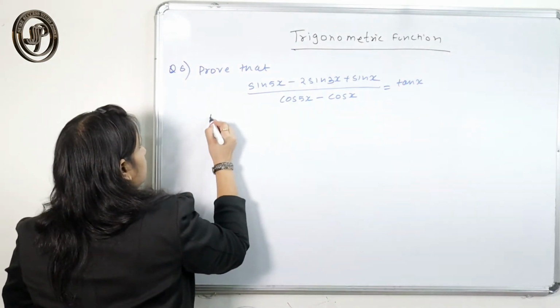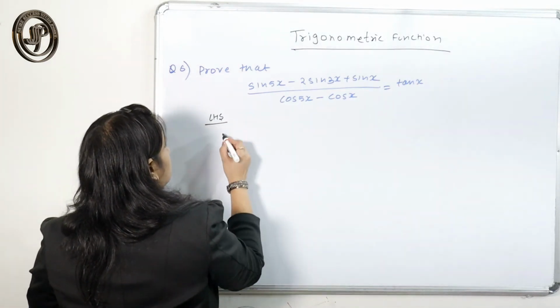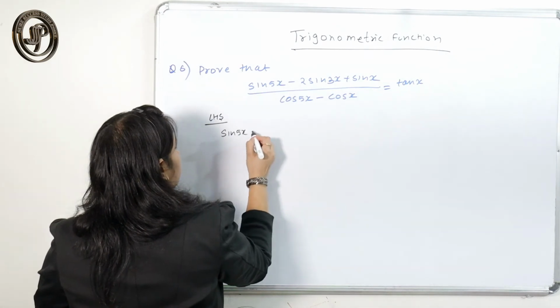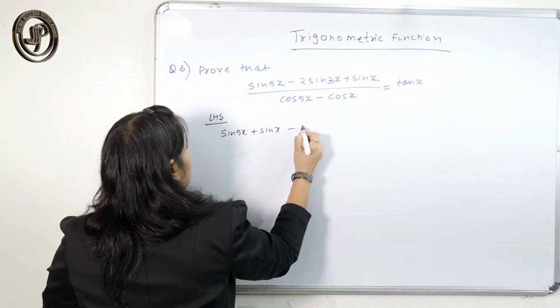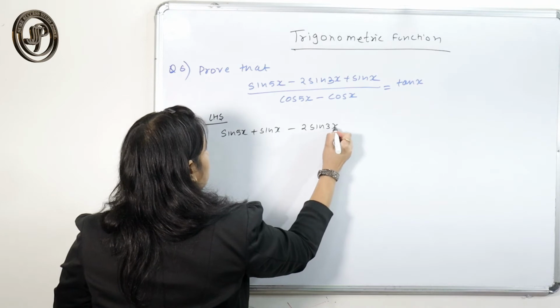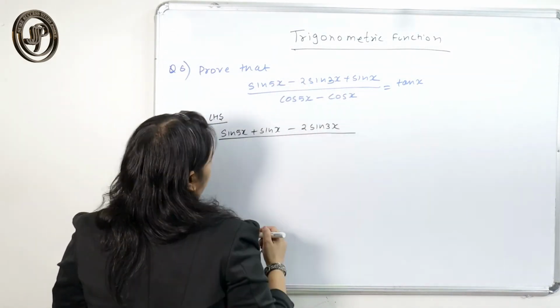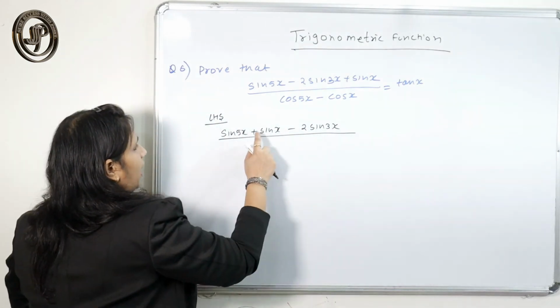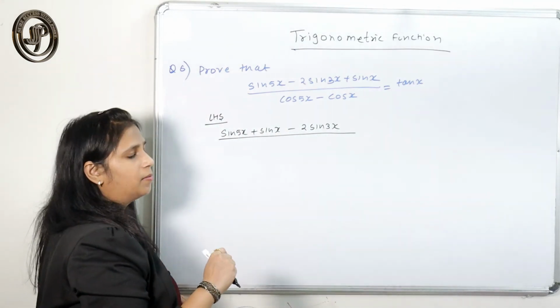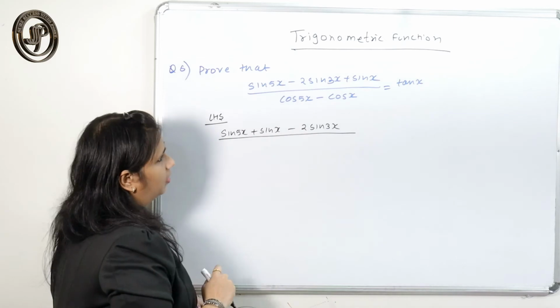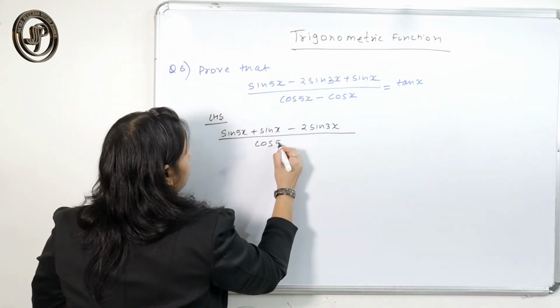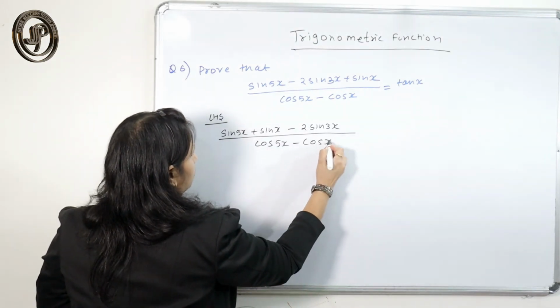Why have I taken these two together? The thing is that when I add these two angles and divide by 2, I am getting this angle. That's why. So sin 5x + sin x − 2 sin 3x over cos 5x − cos x.